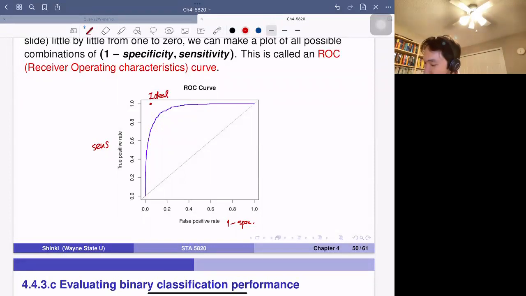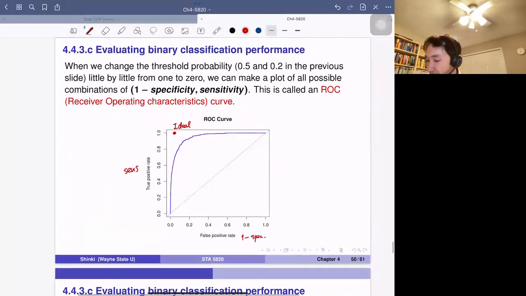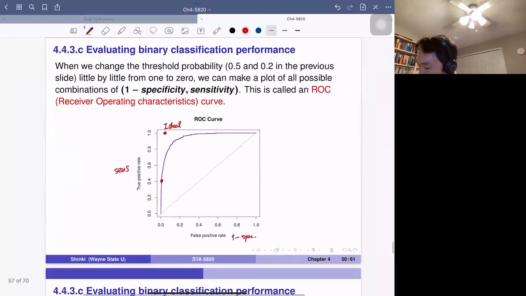So that means here, the point (0, 1). So this is the ideal point. And depending on the threshold, we have different pairs of sensitivity and specificity. At this point, sensitivity is low, but the specificity is very high. If we go here, sensitivity becomes very high, but specificity gets smaller.